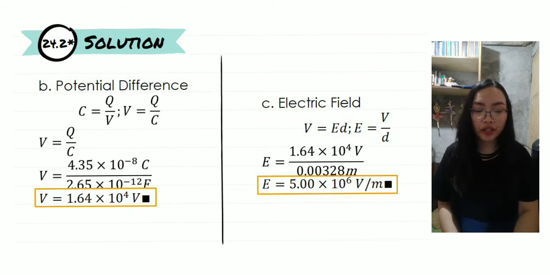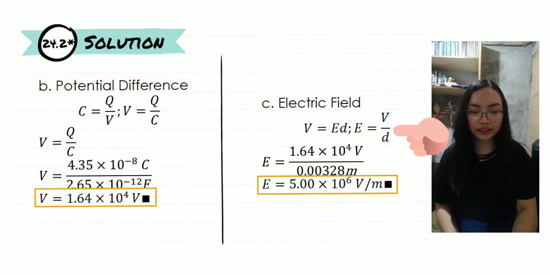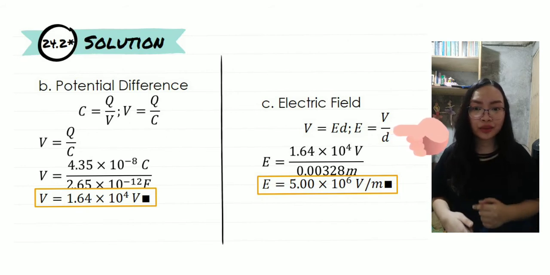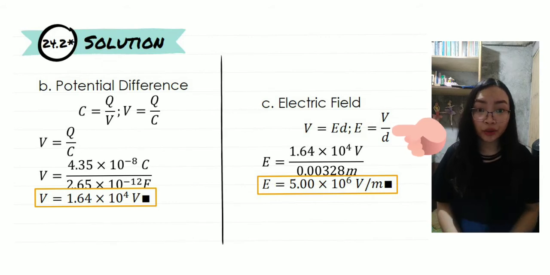So for the last part, we are asked to find the magnitude of the electric field. And in order to do this, we need to use the equation V is equal to ED, wherein E is the electric field and D is the distance between the plates. But we need to once again manipulate the equation in order to get the electric field. So once we do that, we will get E is equal to V over D, wherein V is the voltage and D is the distance between the plates.